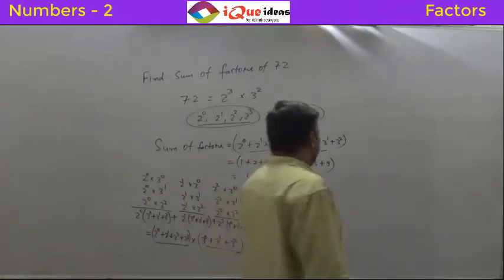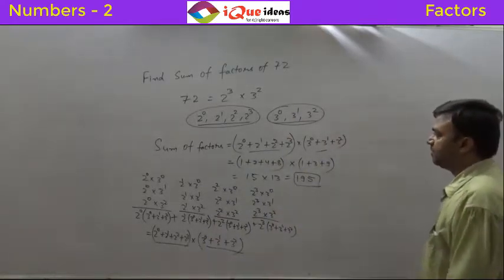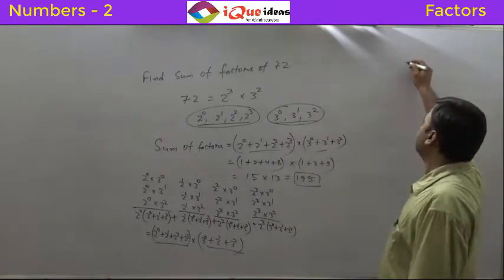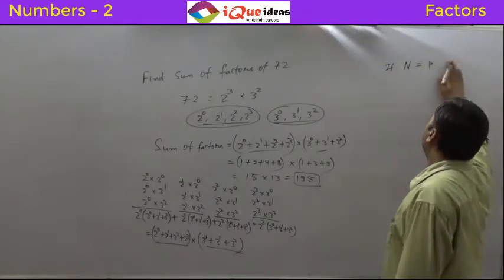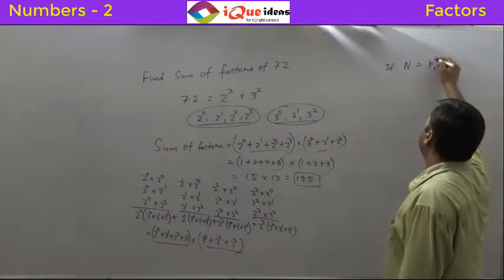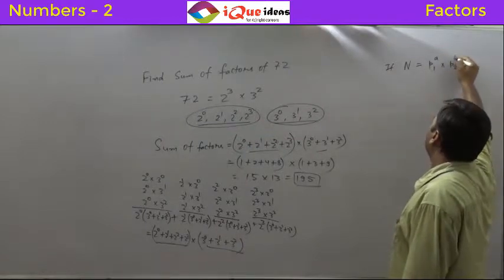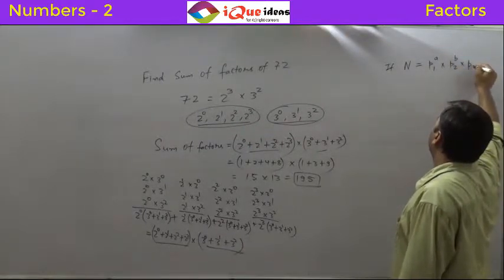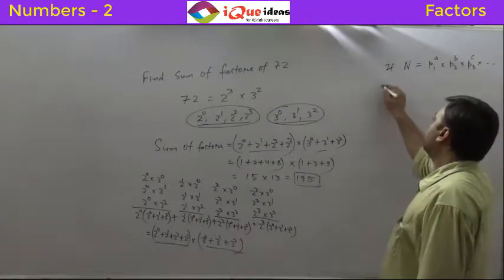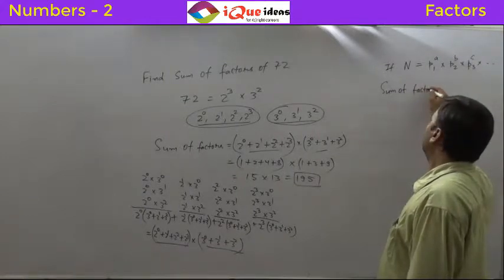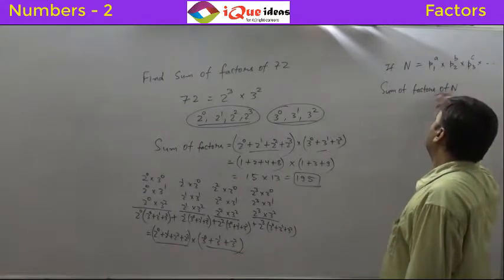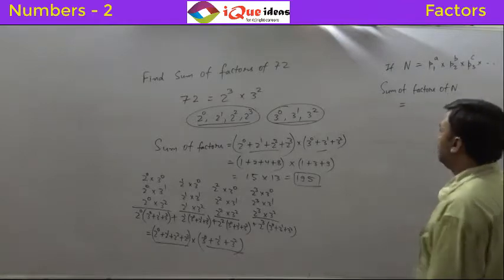Right? Okay. So in general, if there is a number n which can be factorized into prime factors like this, p1 raised to the power a into p2 raised to the power b into p3 raised to the power c and so on, the sum of factors of n is equal to, what do we have to do?